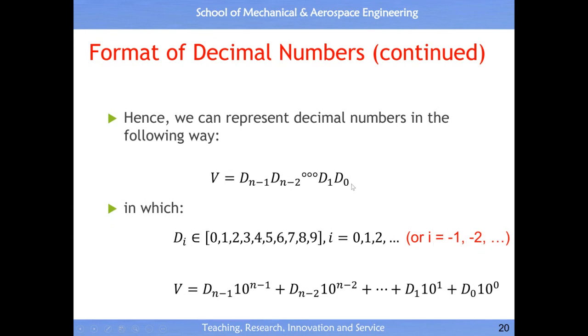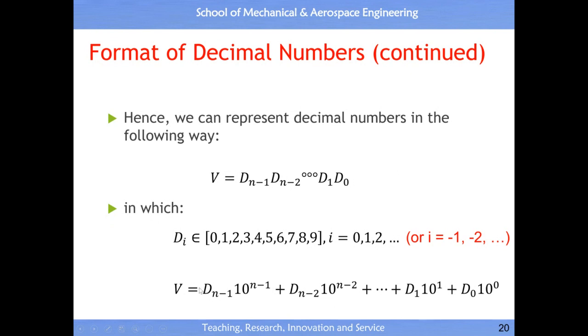If the position is on the right hand side of the decimal point, then the position is negative. If the position is on the left hand side of the decimal point, then i is positive. Then how do we evaluate this series of digits? The answer is this one.